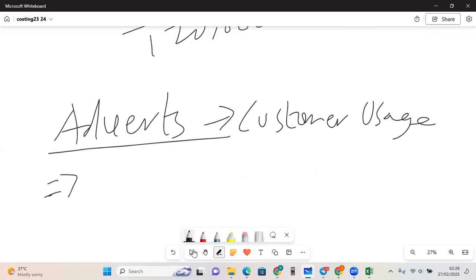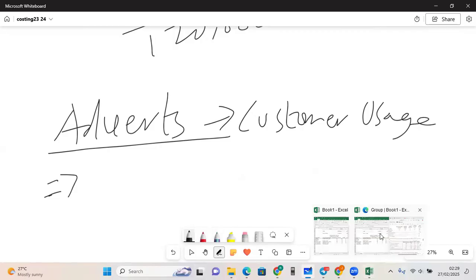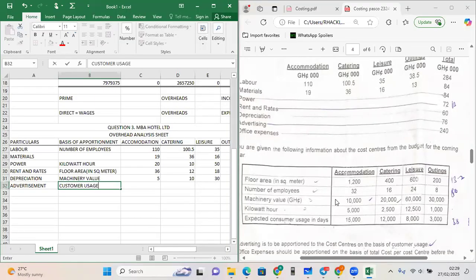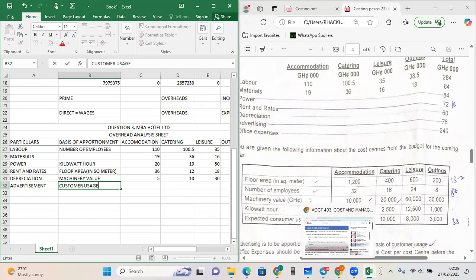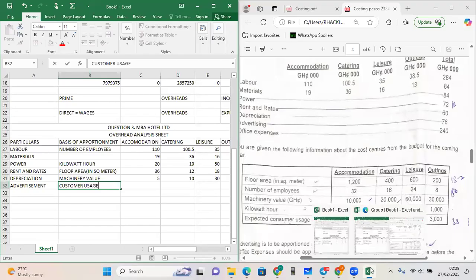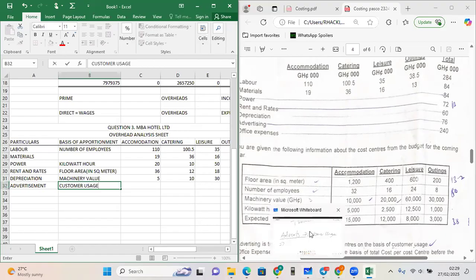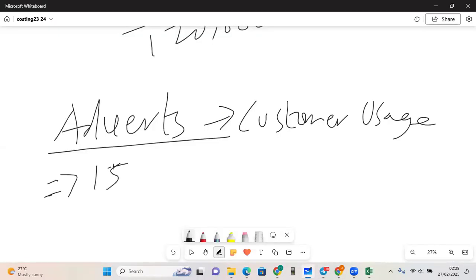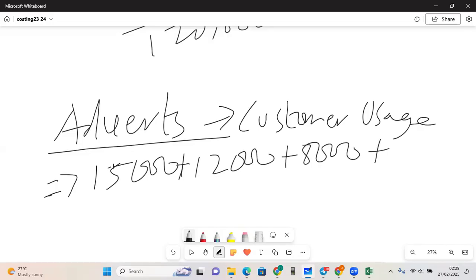And then the values are 15,000, 12,000, 8,000, 3,000. Total is 38,000.